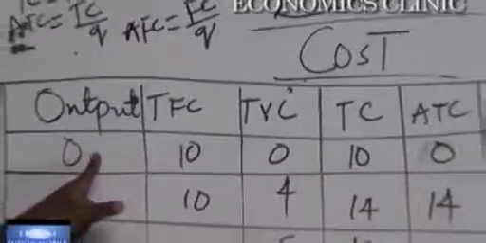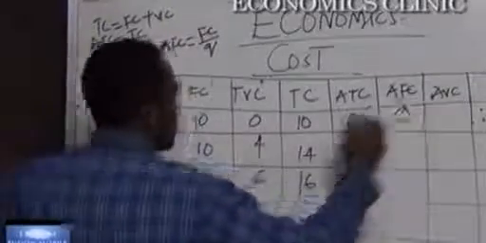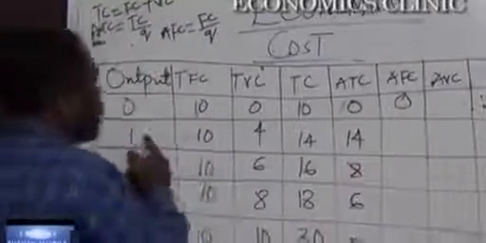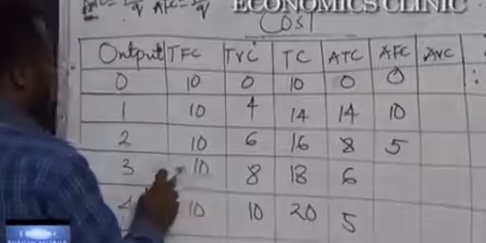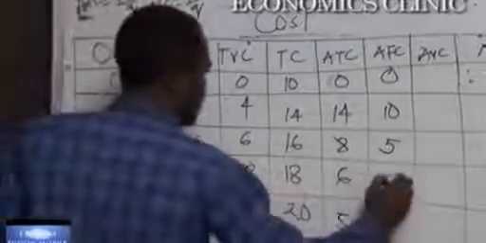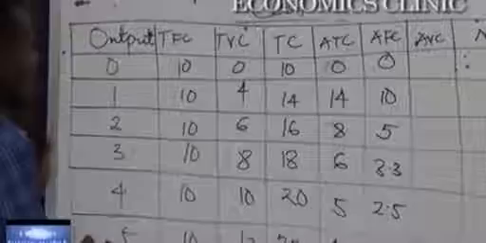Our fixed cost here is 10, so we divide it by the quantity, which is the output. 10 divided by 0 gives us 0 because it's undefined. 10 divided by 1 gives us 10. 10 divided by 2 gives us 5. 10 divided by 3 gives us 3.33 and so on, so we have 3.3. 10 divided by 4 gives us 2.5. 10 divided by 5 gives us 2.